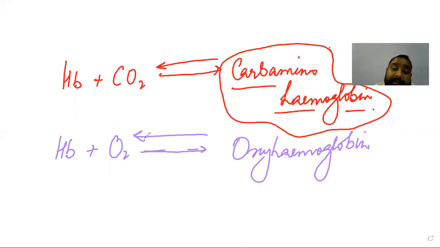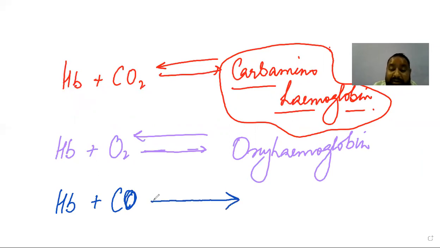But hemoglobin shows the majority of its affinity with carbon monoxide. Whenever carbon monoxide gets attached to the hemoglobin, this reaction is not reversible. It is irreversible and forms carboxyhemoglobin.